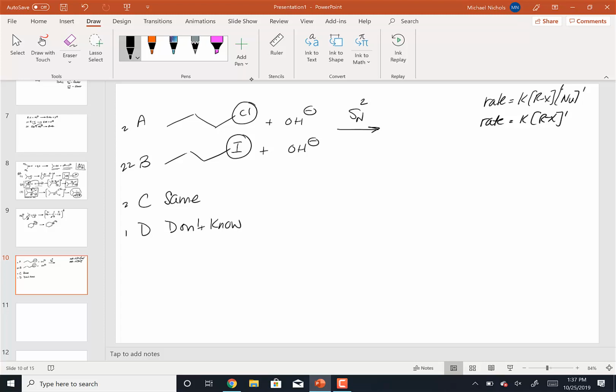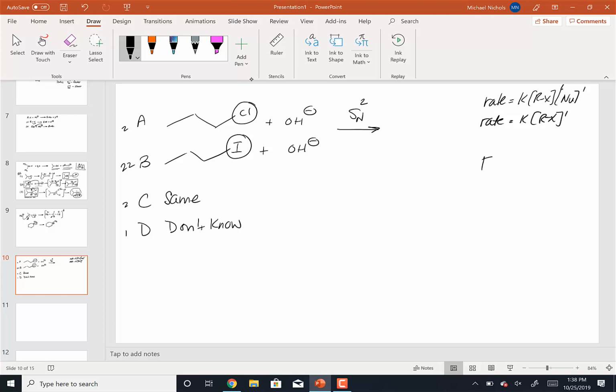So our question is, what makes a good leaving group? Leaving group ability is based on one thing, and that is basicity. Okay.